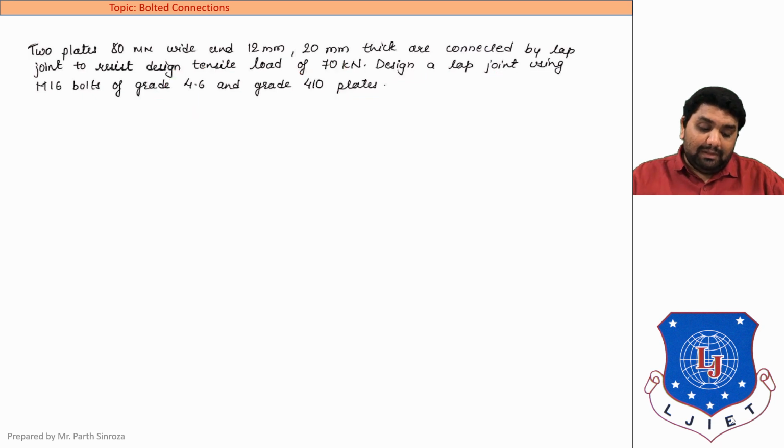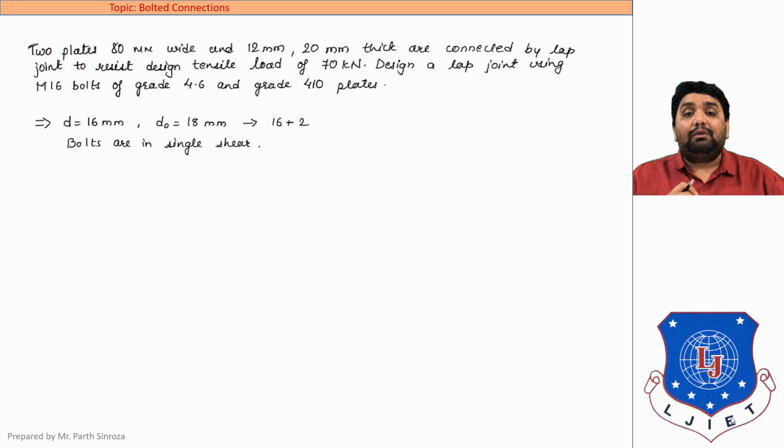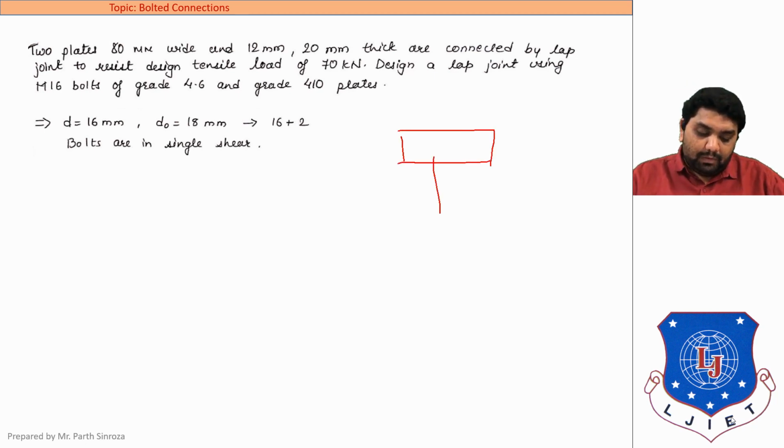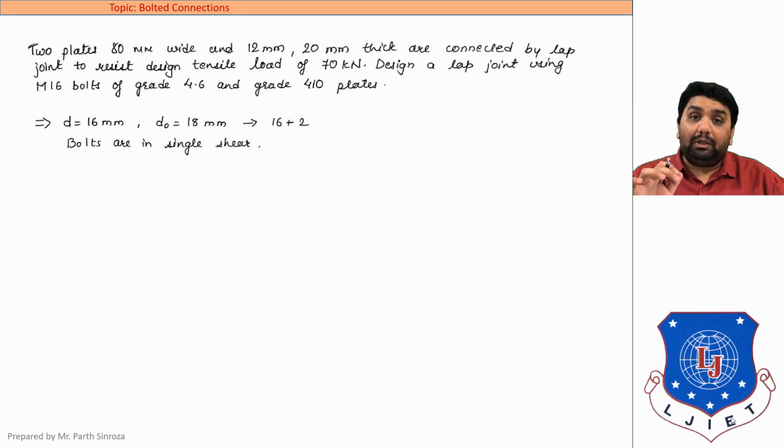So starting with the answer, the first thing will be to find the diameter of the hole. Suppose this is a bolt, and it is given as 16 mm diameter. If you need to place this bolt in a plate, you need to cut a hole in the plate.